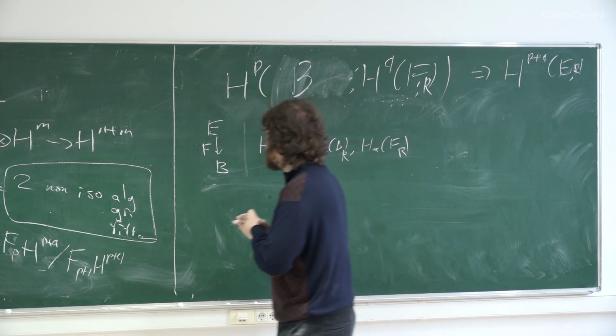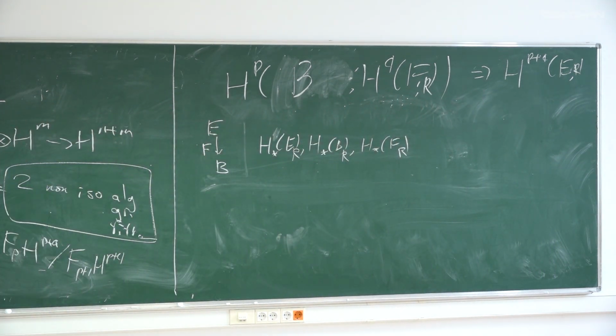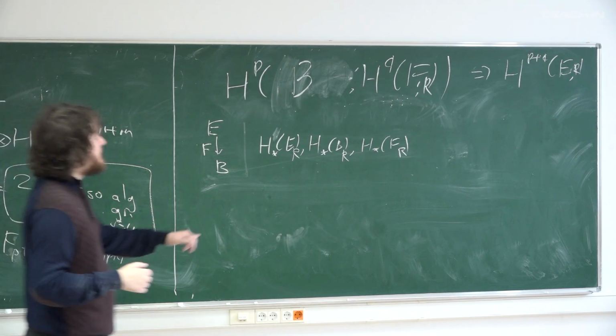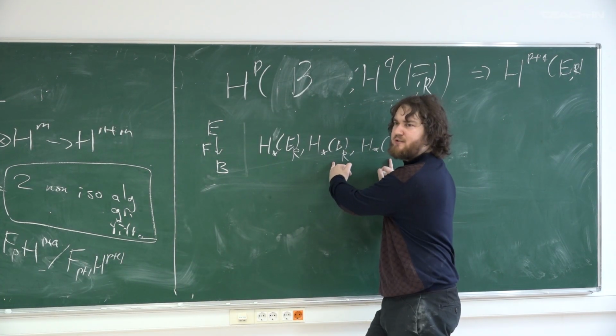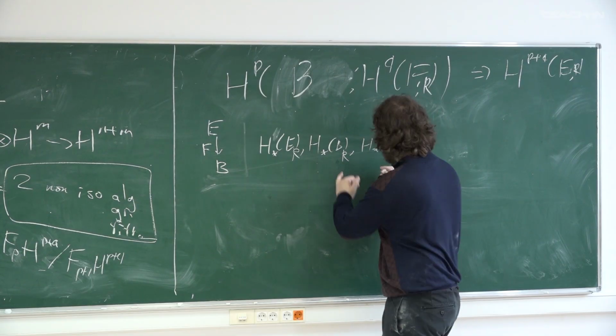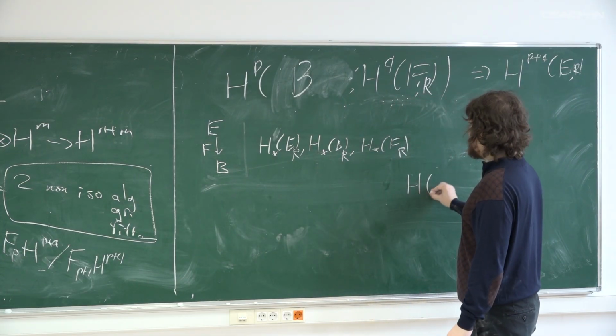Maybe it's not obvious at first glance, but it follows from a spectral sequence. For example, if B and F are finitely generated, then this thing is also finitely generated.